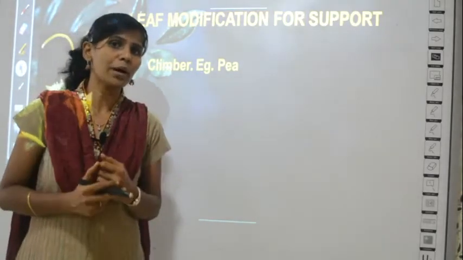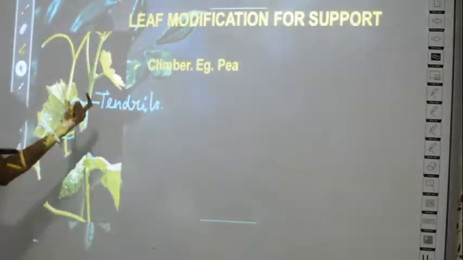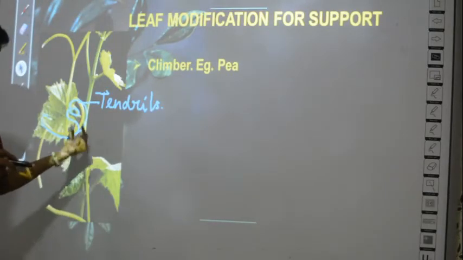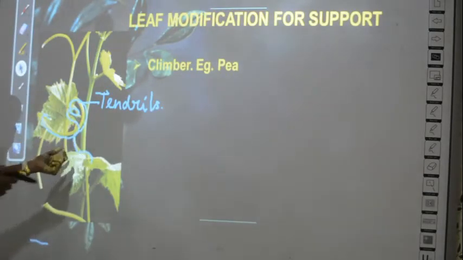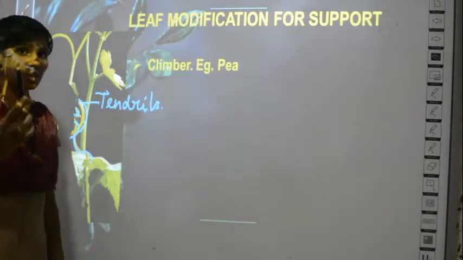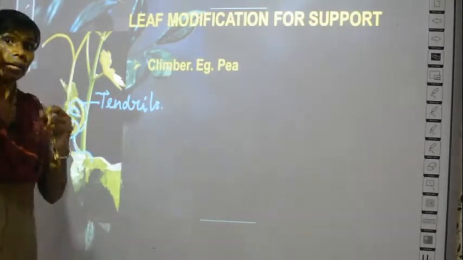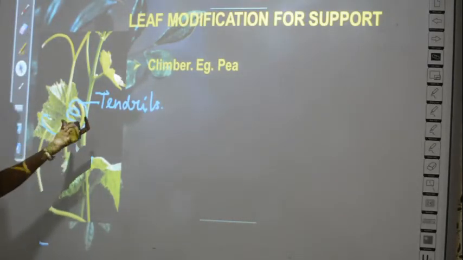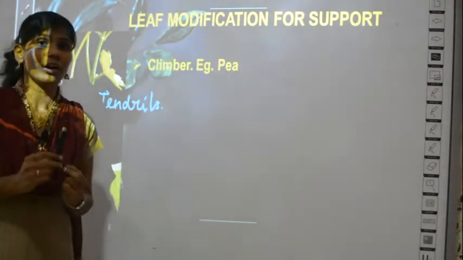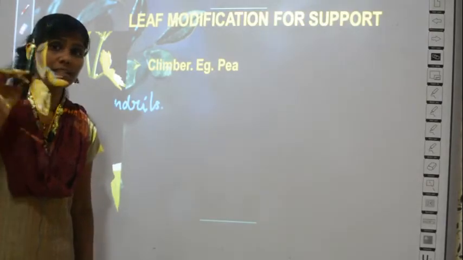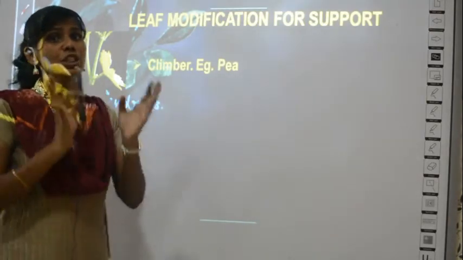What is special about these climbers? Apart from their stem, there are thread-like structures which help the plant to climb up. This is a modified leaf. What is that rope-like structure? It is actually a leaf which is modified.